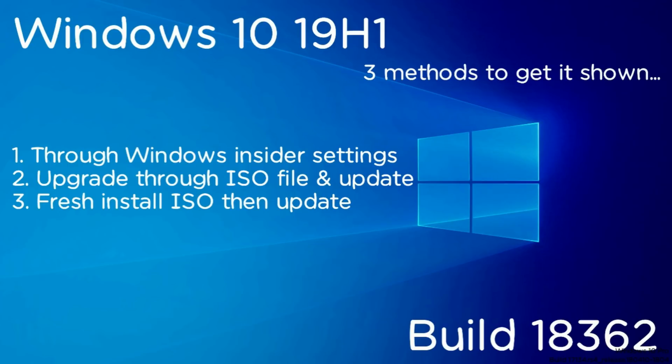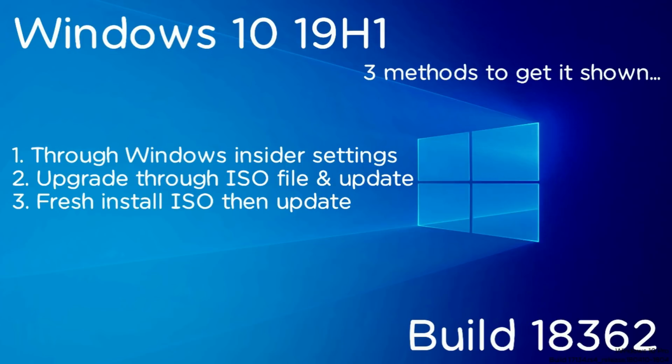So if you're having issues with 19H1 and you want to go back to like RS5, which is build 17763, you won't be able to go back if you've updated twice, because the windows.old will be for 18343 instead of 17763. So keep that in mind.